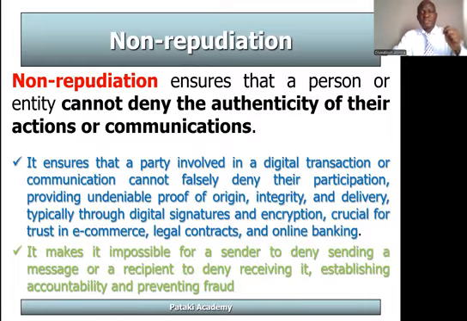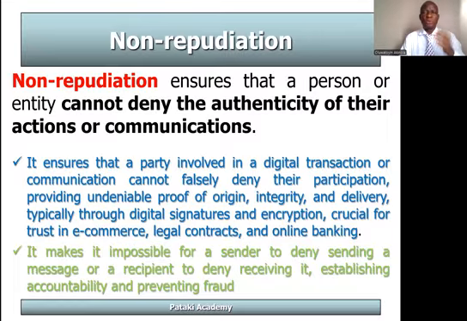It is crucial for trust in e-commerce, legal contracts, or online banking. It makes it impossible for a sender to deny sending a message or a recipient to deny receiving the message, establishing accountability and preventing fraud.